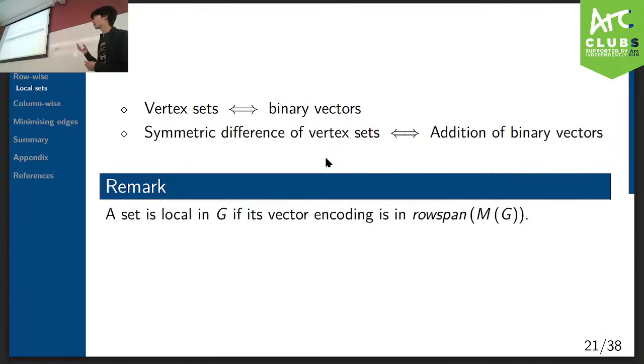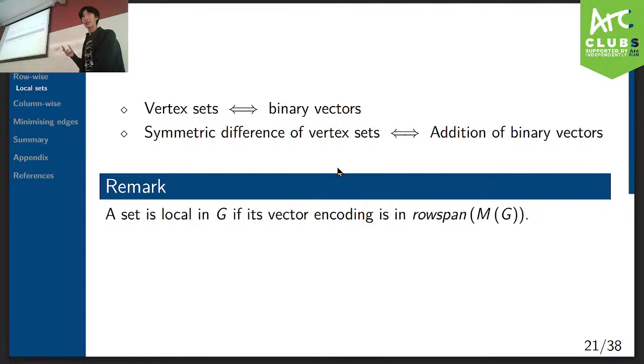When you take the symmetric difference of these vertex sets, it's the same as adding the binary vectors together, because if you add 1 and 1 together, you get 0. In the same way, if an element is in both of your sets and you take the symmetric difference, it's not in it anymore. So these two ideas are very analogous.